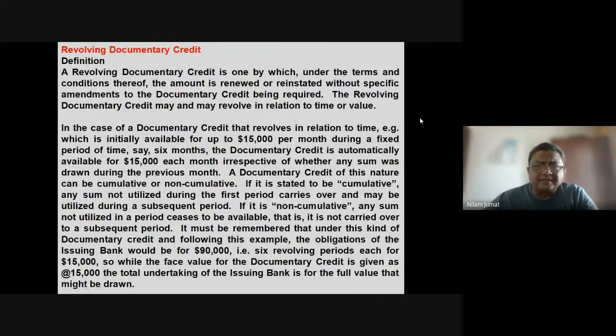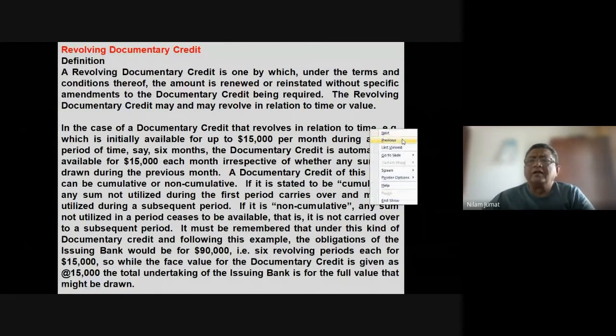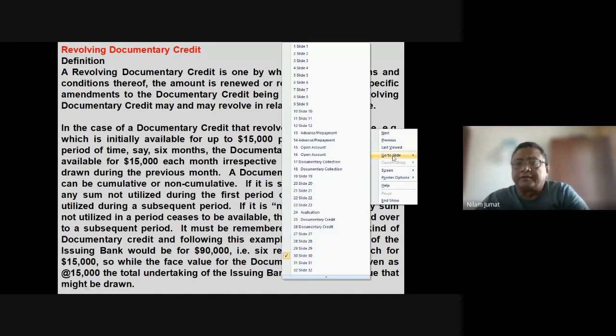What we mean by irrevocable, when you read this slide, you will be easily able to understand. So don't worry about it. After the explanation, you will exactly know where to read, right? Okay, now we go to this.